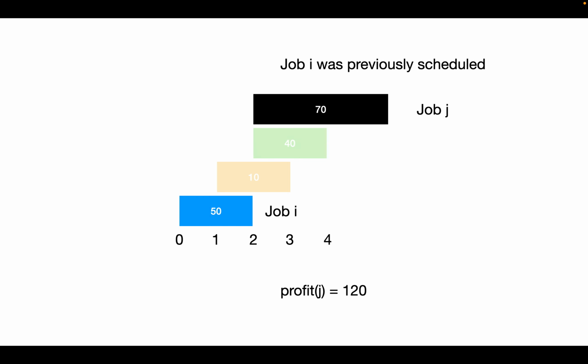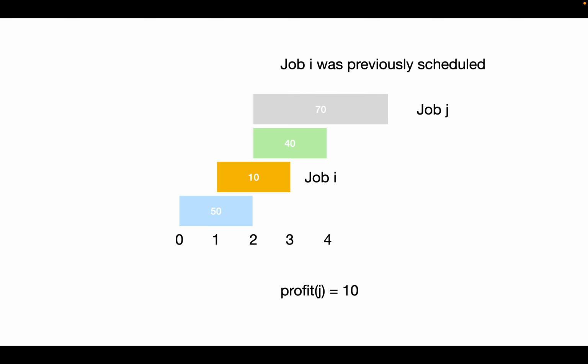We see that it doesn't overlap and it can be combined with 70, the black job. And so the profit for this scenario would be 120. If job i is the predecessor, then you can't actually even consider it. It conflicts. So the max profit for the scenario is 10, but we actually wouldn't even consider it when we code this up because it's not going to be better, right?